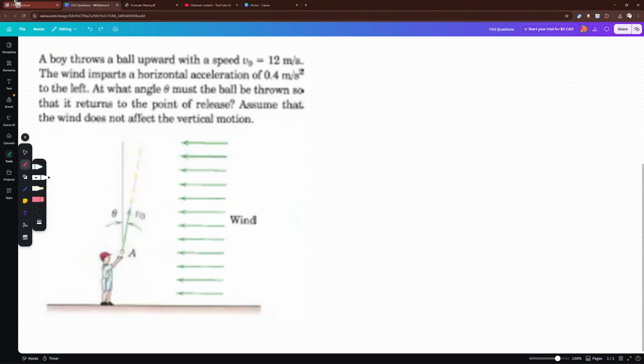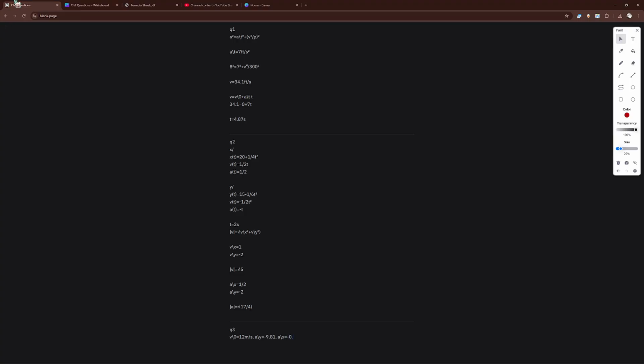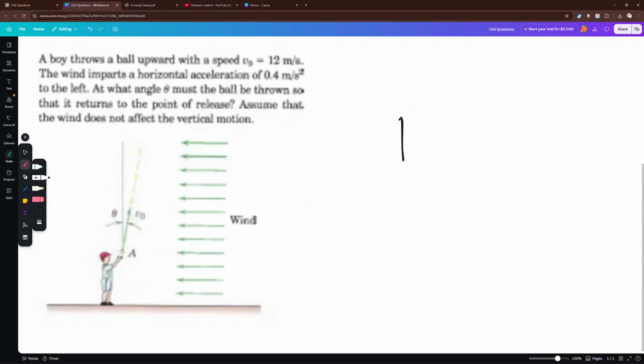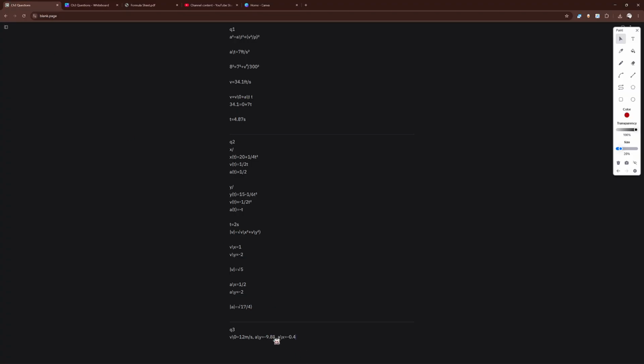Negative 4.4. And I'm going to quickly define what is positive. These directions. So up and right are positive. That's why both my accelerations are negative. Meters per second squared and meters per second squared.